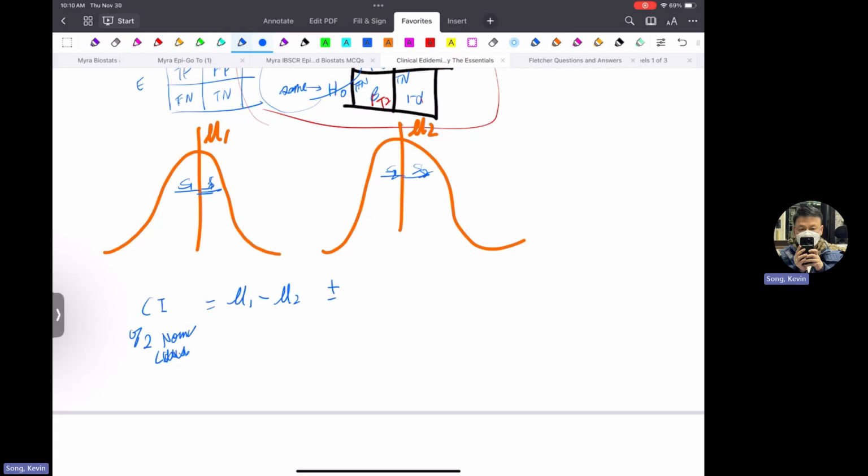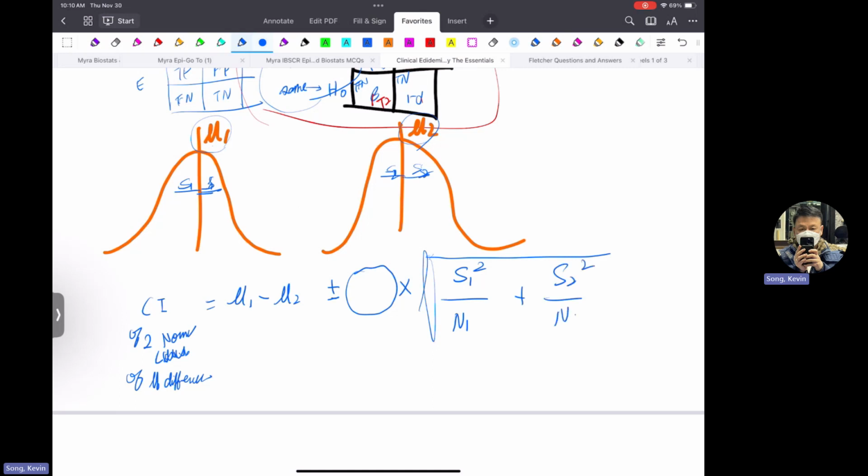The confidence interval of the difference of means, because the mean is our main statistic. So this plus or minus some number, blank here, times the big square root of S1 squared over N1 plus S2 squared over N2.